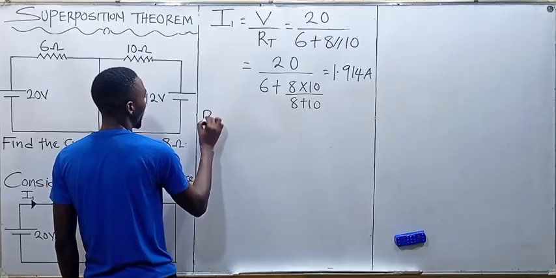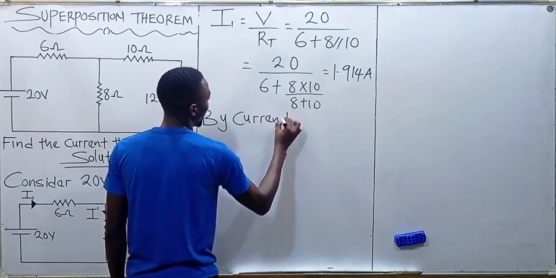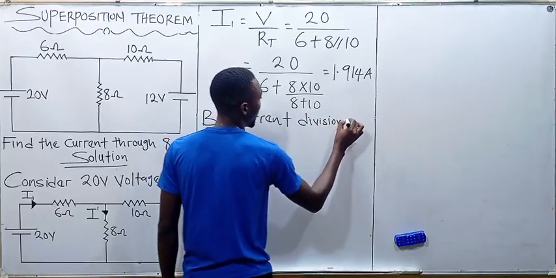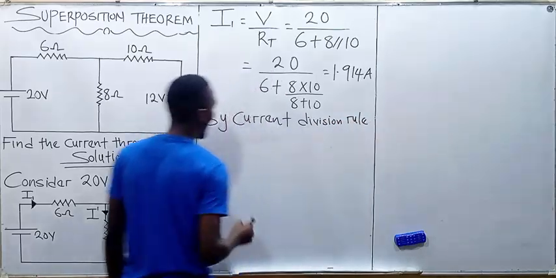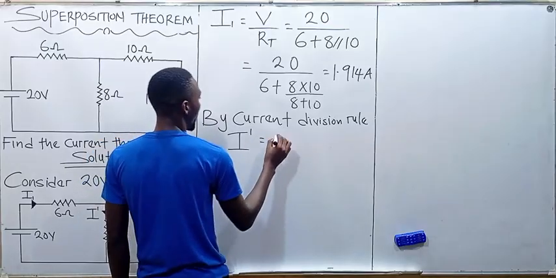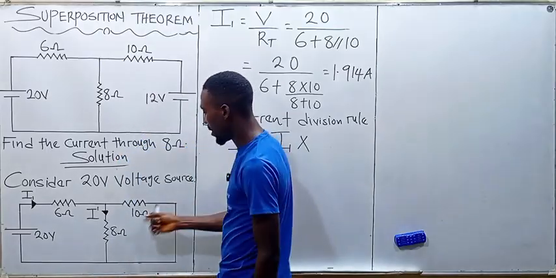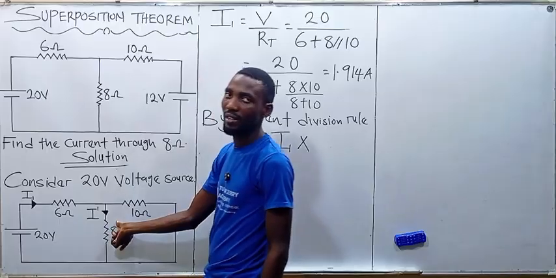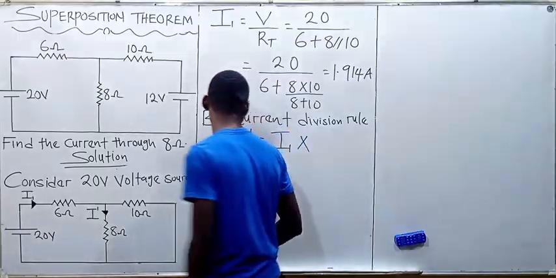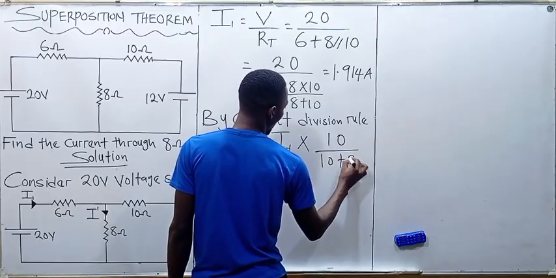By current division rule, our I prime will be equal to I1, which is the total current entering the circuit, times the other branch over the sum. This is our 8 ohms here, and the branch parallel to this 8 ohms is nothing but this 10 ohms. So it is going to be 10 over 10 plus 8.